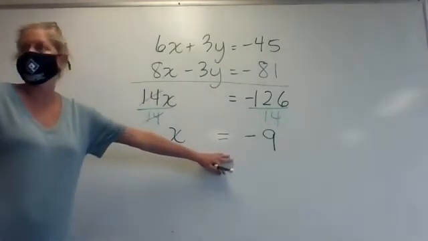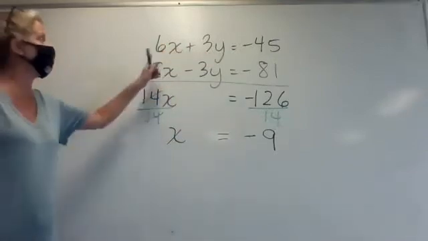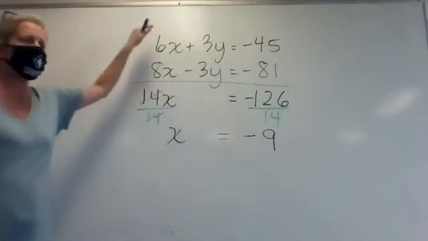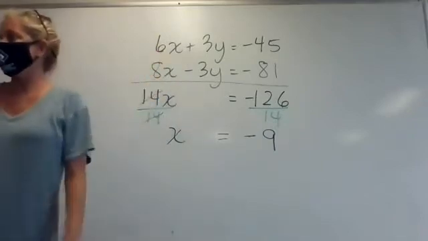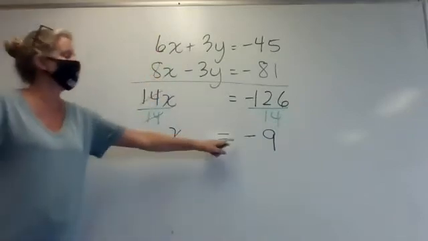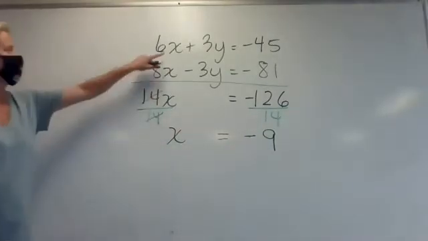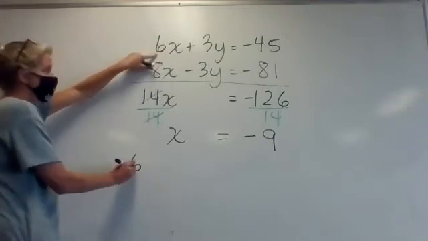So you're halfway there, right? You got to know what x and y is. The x and y that would satisfy both of these equations. But now that I know what x is, I can go back to either one of these originals and replace that x with that negative 9. So if I just go up to the top one, I'll have 6.